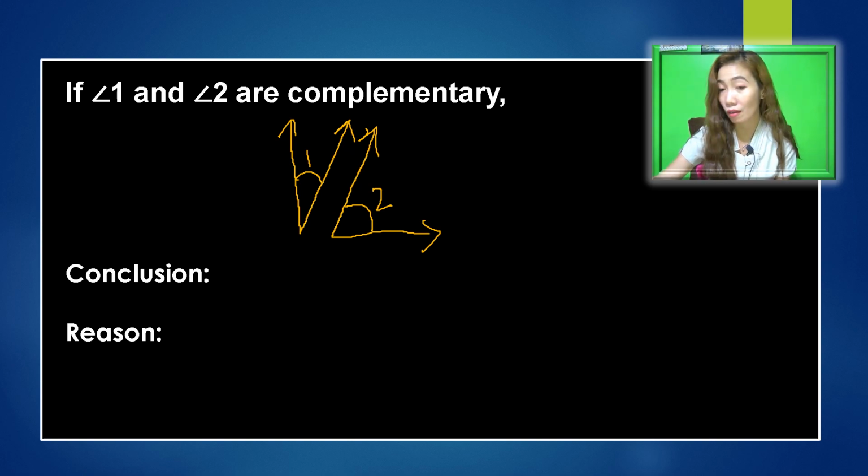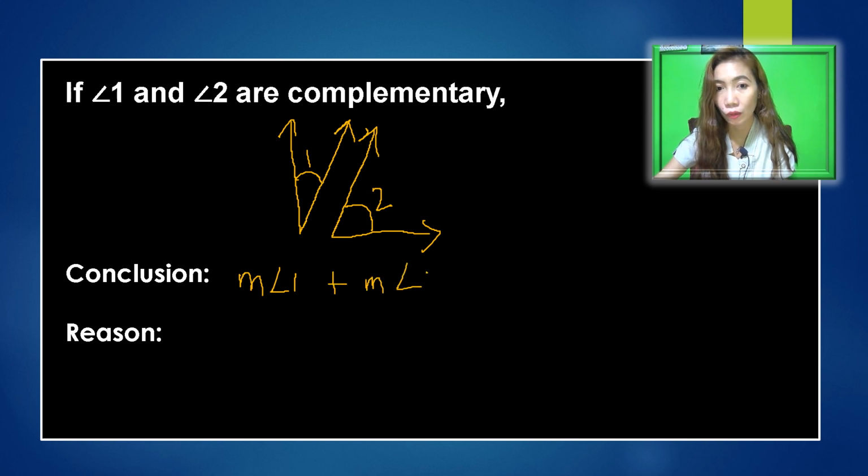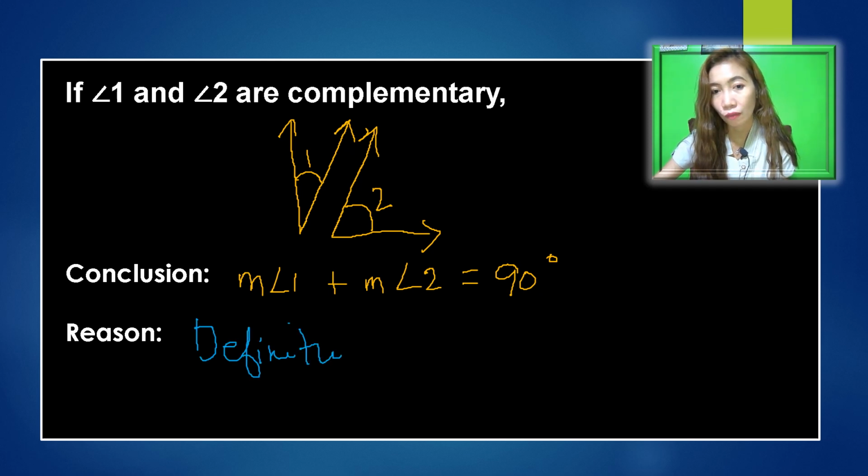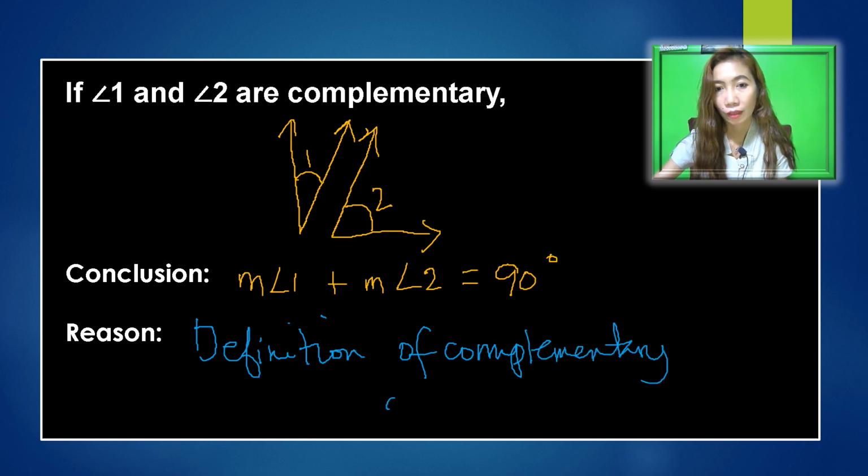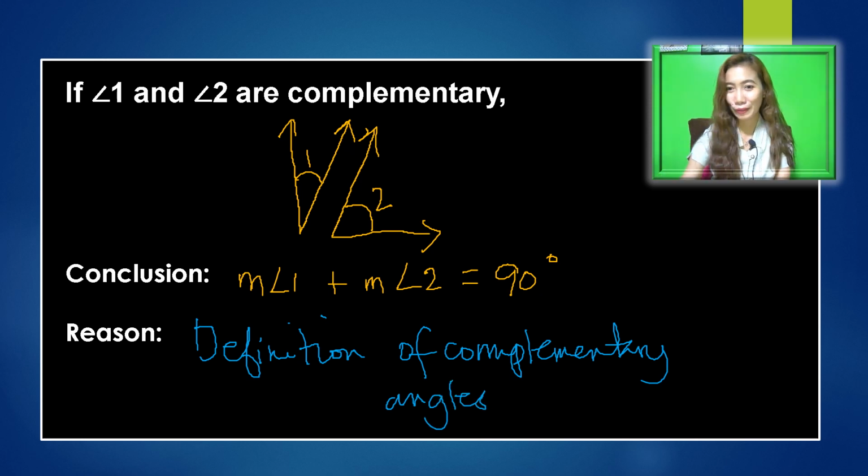So the conclusion: the measure of angle 1 plus the measure of angle 2 is equal to 90 degrees. What will be your reason? The definition of complementary angles.